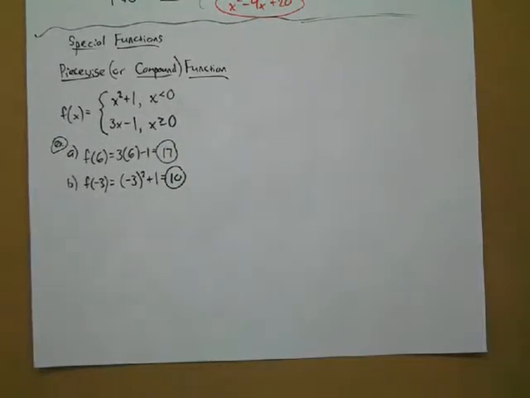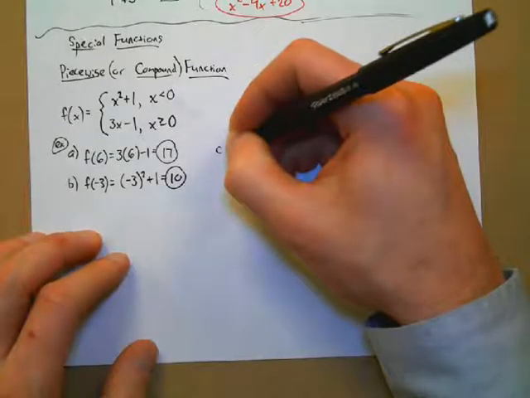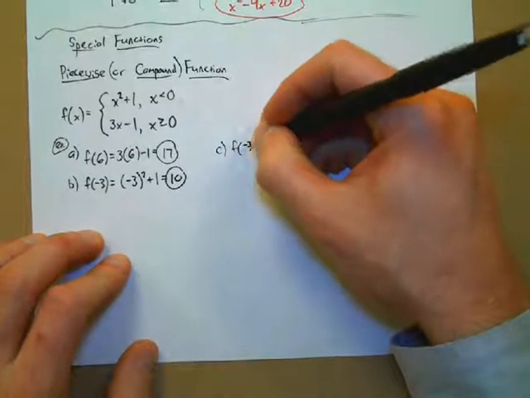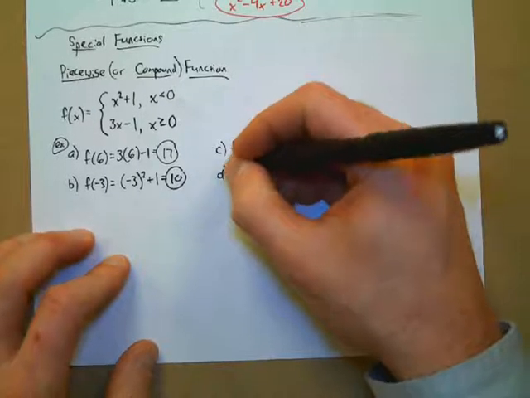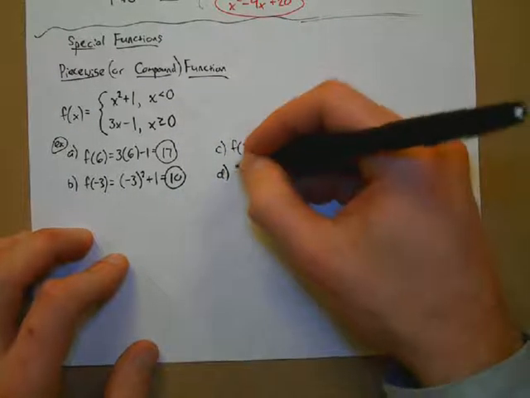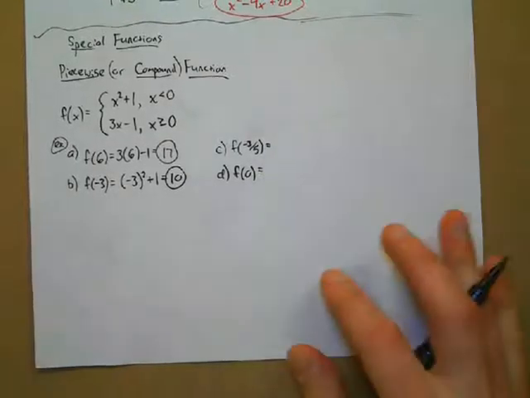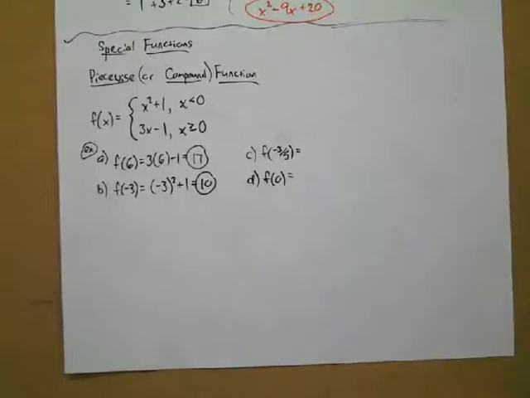Fractions, Mr. Widmeyer. I hate fractions. And f of 0, please. Okay, so go ahead and evaluate f of -3/5 and f of 0, please. Try doing it without a calculator first, and then check your answer with a calculator, especially if you don't like fractions.